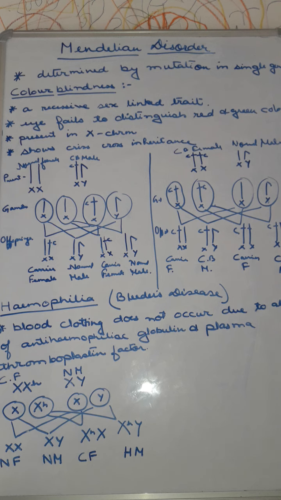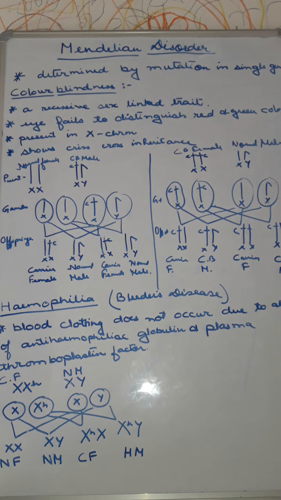In males, only one X chromosome is present. So if that X chromosome carries the gene for color blindness, it will show its effect. But for females, the recessive gene has to be present in both X chromosomes, because if the dominant gene is present, it will show normal color vision.